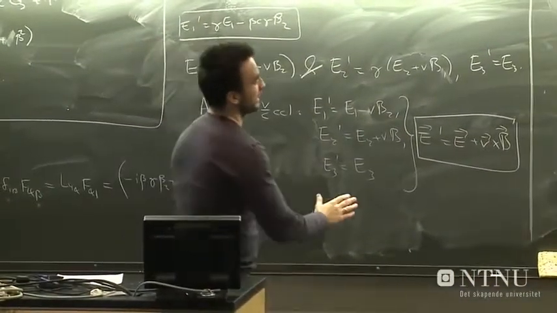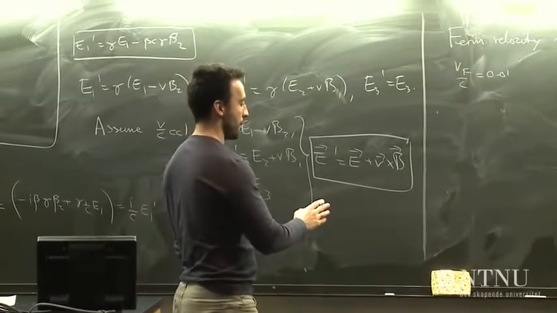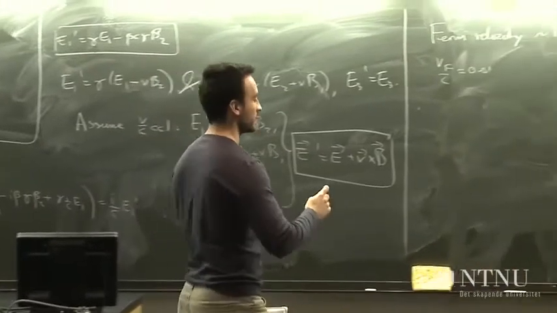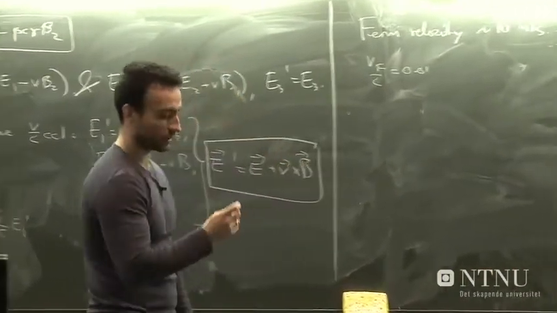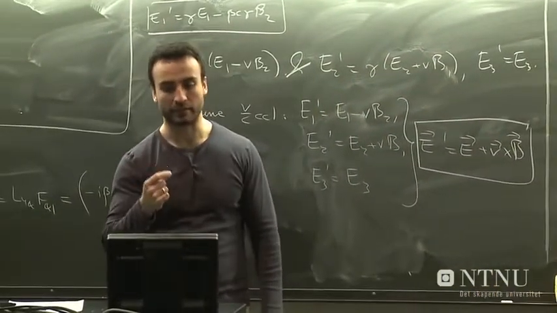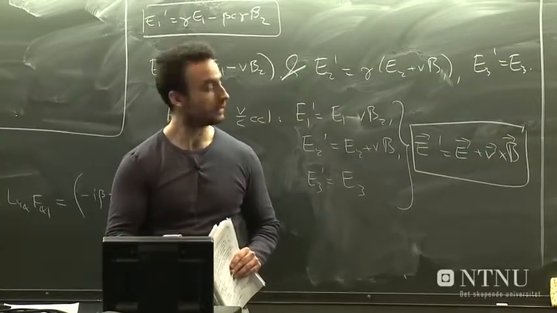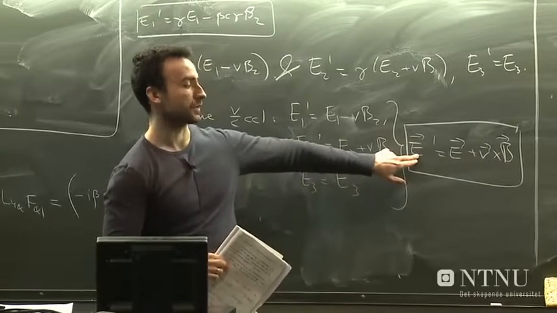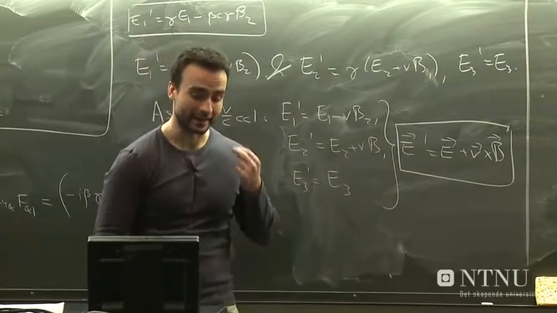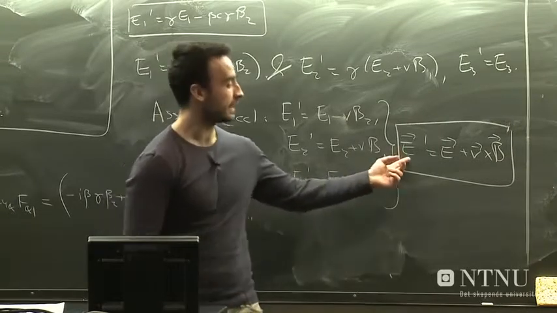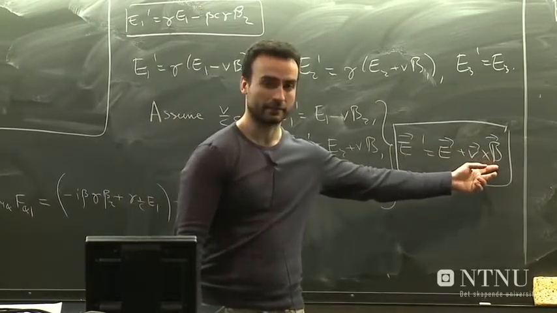So what does this mean? Well, it means the following: that if you have a particle that is moving in a region where there is no electric field, that particle will nevertheless experience a net electric field if there is a magnetic field.